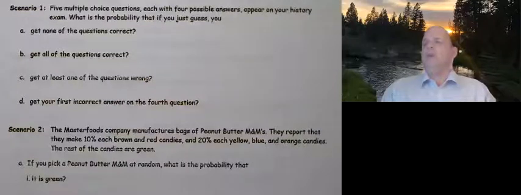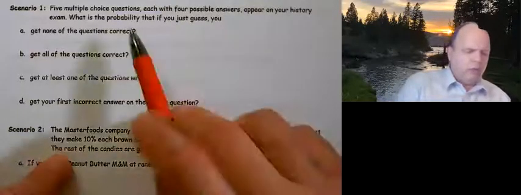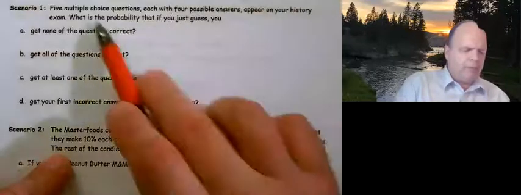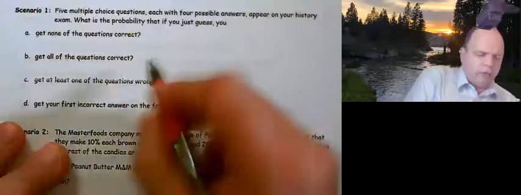So 5 multiple choice questions, each with 4 possible answers, appear on your history exam. What is the probability that if you guess, you get none correct? So first off, we have 5 multiple choice questions. So basically I have 5 blanks.